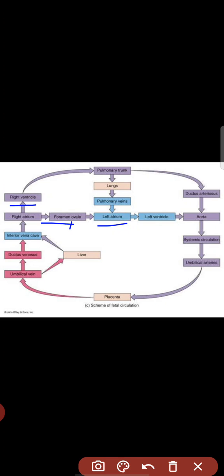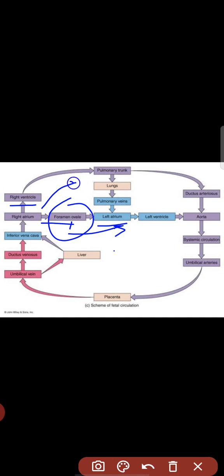The right atrium blood goes into the left atrium through a structure in the wall between the left atrium and right atrium, that is the foramen ovale. Some of the blood goes into the right ventricle.